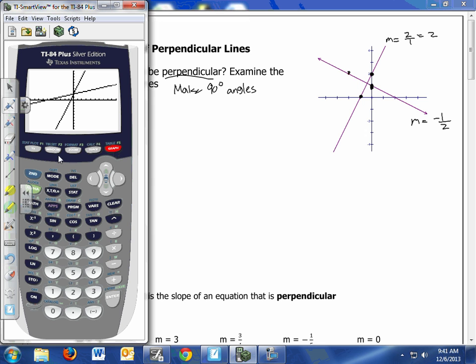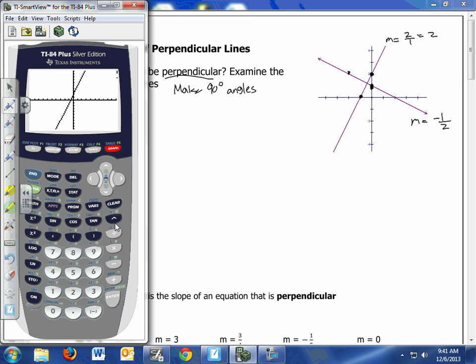Doesn't look perpendicular. You're missing one thing before the 1/3. Mr. Orsic? -1/3. Notice how this is +2. This is -1/2. If this is positive 3, this slope of this perpendicular line needs to be negative 1/3.